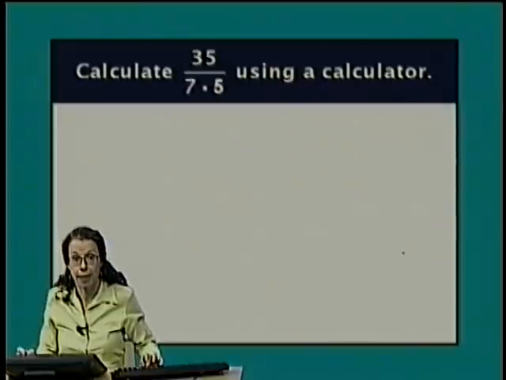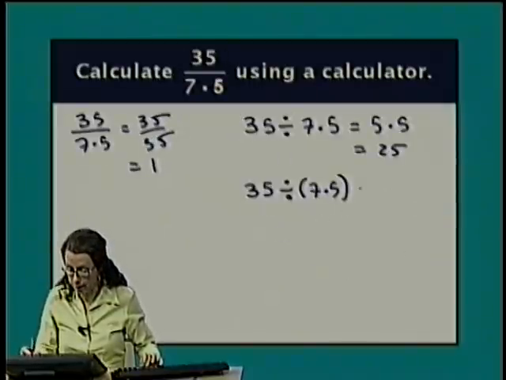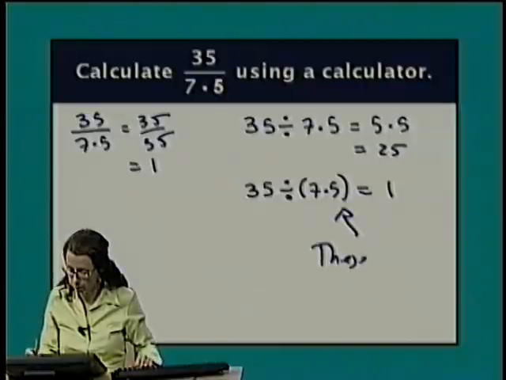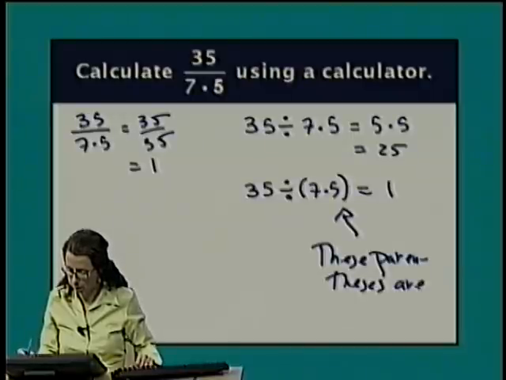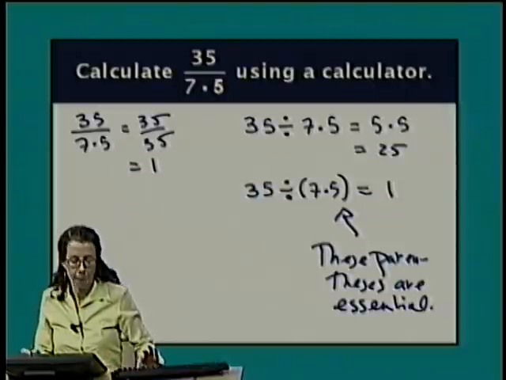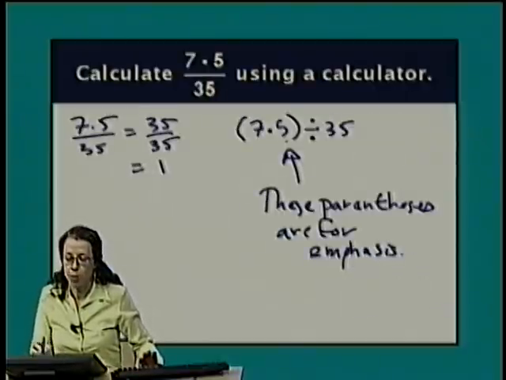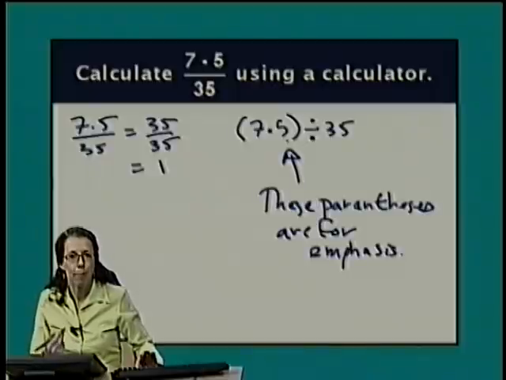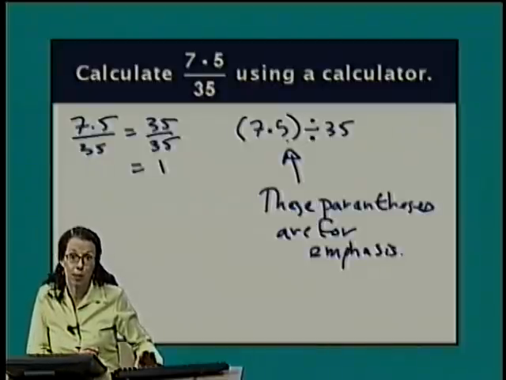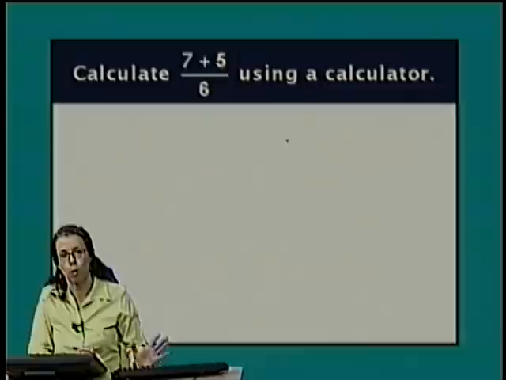In the last example, these parentheses are essential. Now, I put these parentheses in because it's a habit I'm in, and the reason why I'm in this particular habit is for when I see a problem like this.